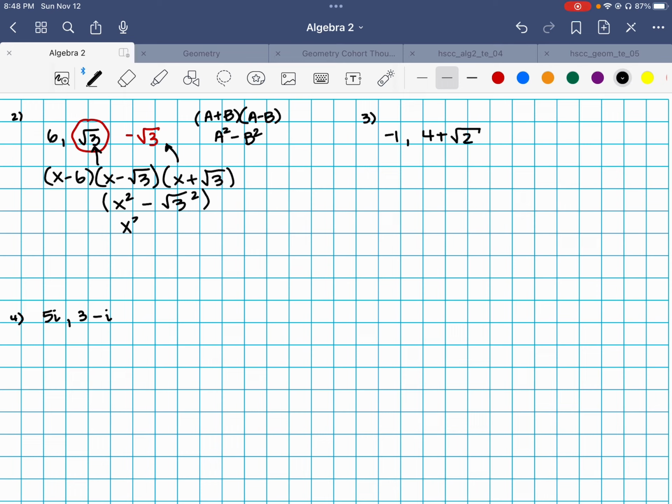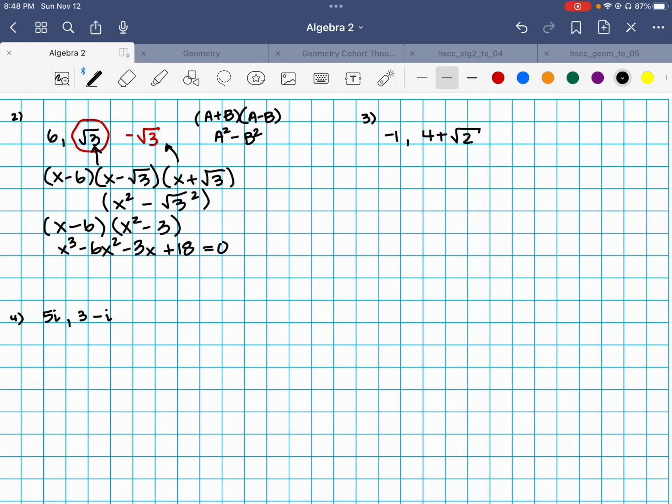That gives us x squared minus 3 times the x minus 6 at the very beginning of the problem. Having that multiplication pattern makes things go so much smoother. Then we multiply this out, and we get x to the power of 3 minus 6x squared minus 3x plus 18. And this is our polynomial equation.